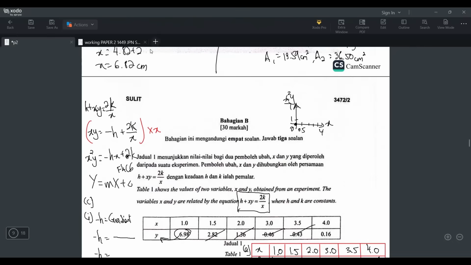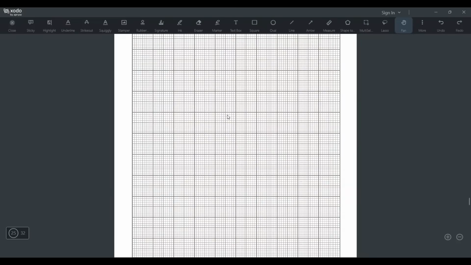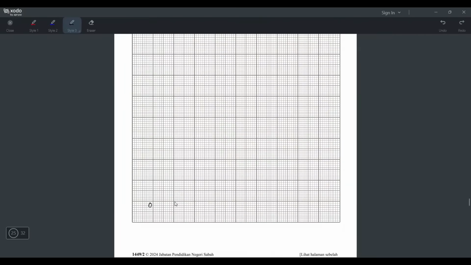Okay, so I will draw the axis now. I start at the bottom left and I go 0.5, and then here I go 1. But here I need to go until 4, right? 1.0, 1.5, 2.0, 2.5, 3.0, 3.5, 4.0. Now this is logical. 2 cm to 0.5.